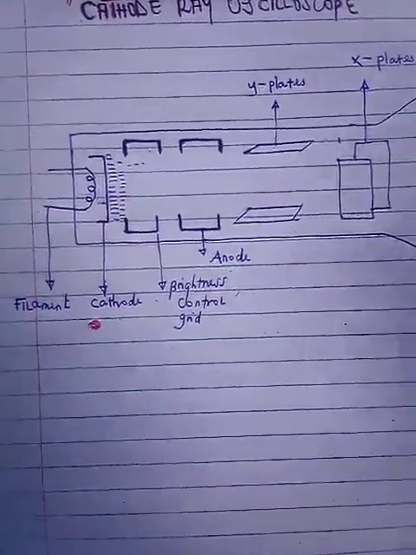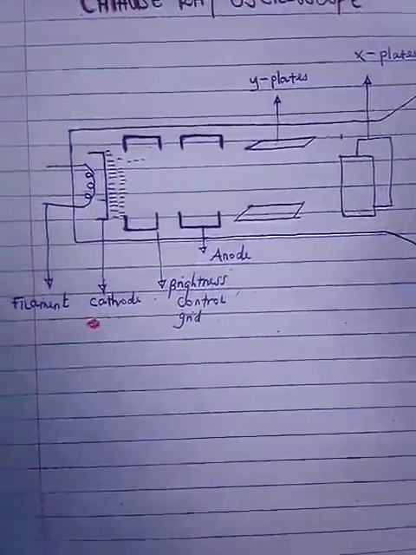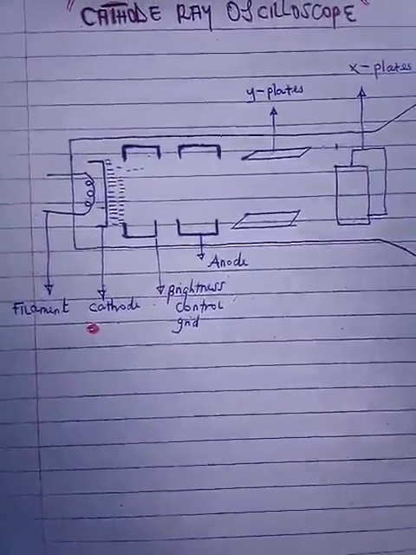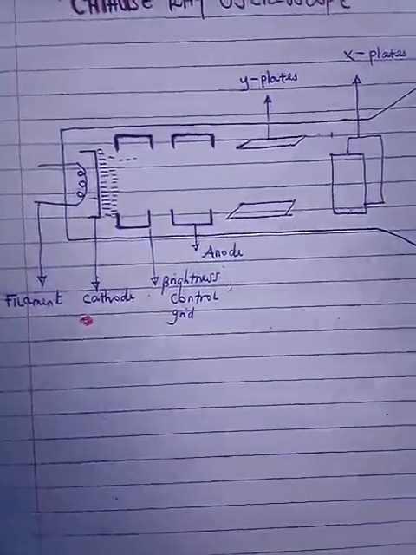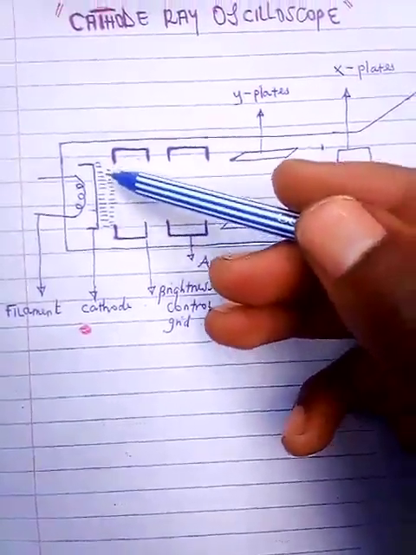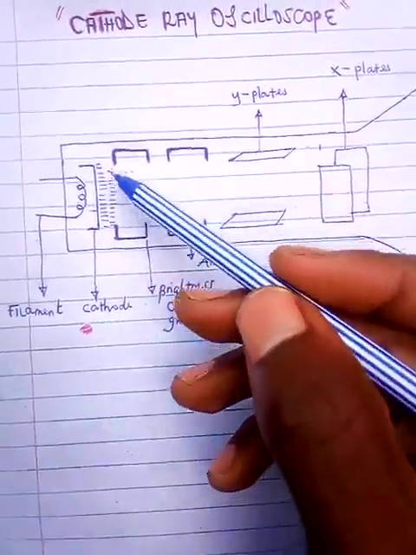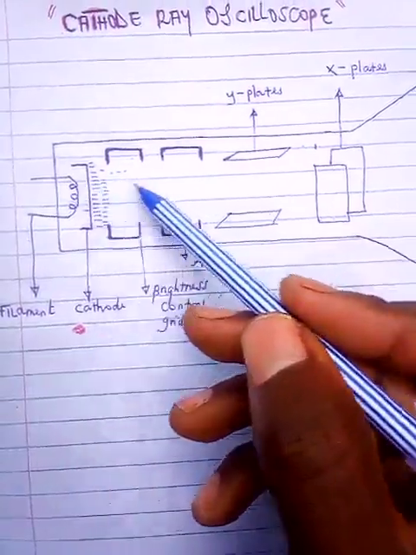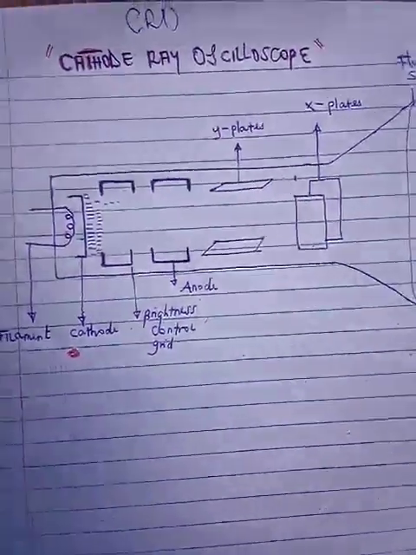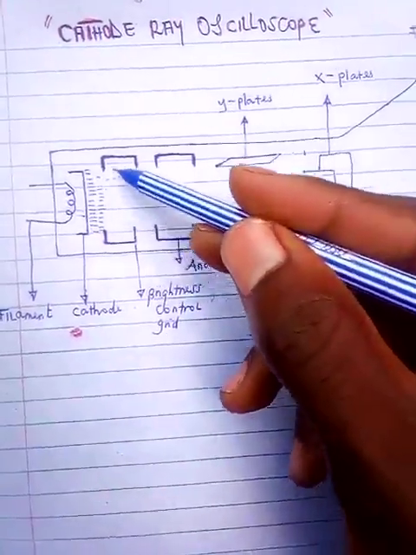The first law of electrostatics states that like charges repel, but unlike charges, what do? They attract. So because the brightness control grid is negatively charged and these electrons are also negatively charged, as they are passing through this brightness control grid, they begin to experience some repulsion.